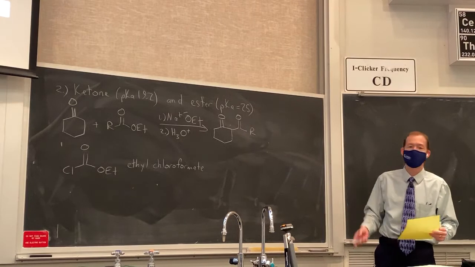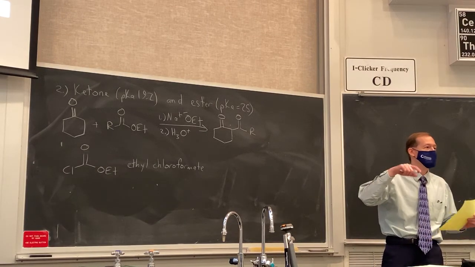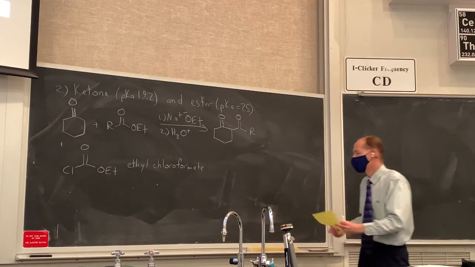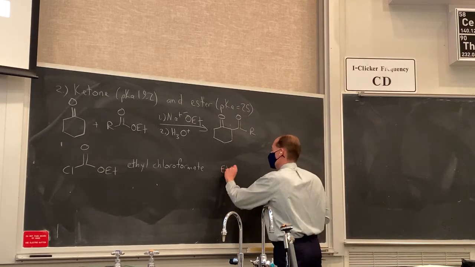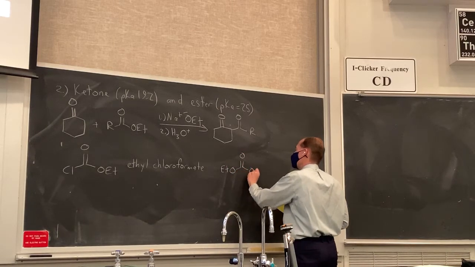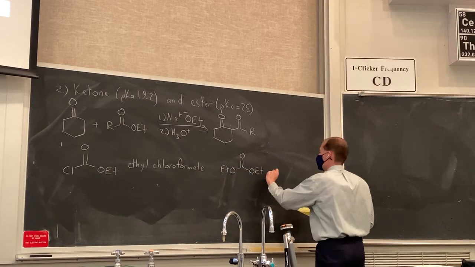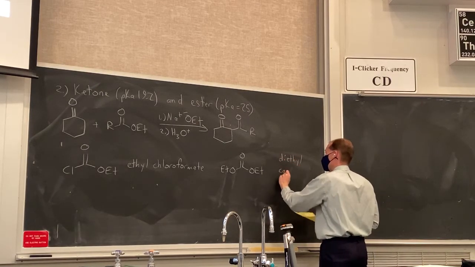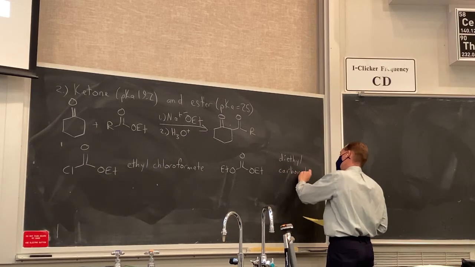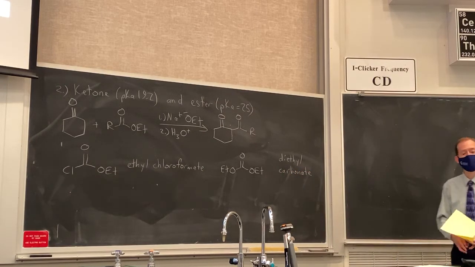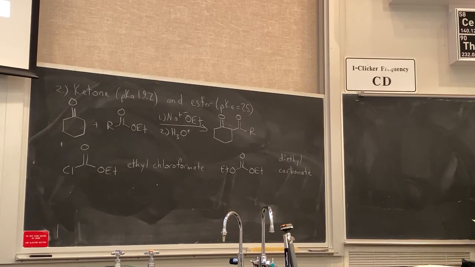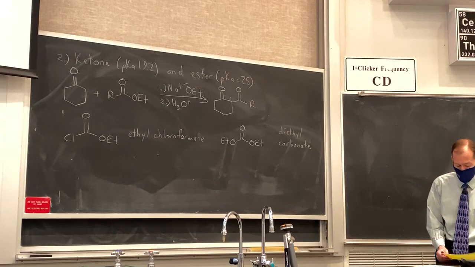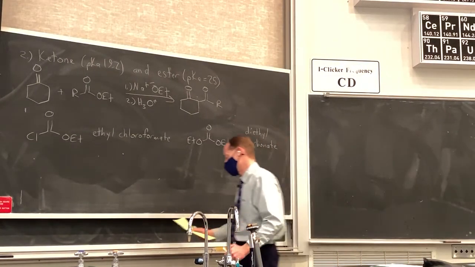It has 4 bonds between the carbonyl carbon and electronegative heteroatoms, as opposed to the 3 that we have with esters and other carboxylic acid derivatives. And then a closely related compound that actually will give the same types of products is called diethyl carbonate. Okay. So these species will react with enolates from esters or ketones in a crossed Claisen sort of process.